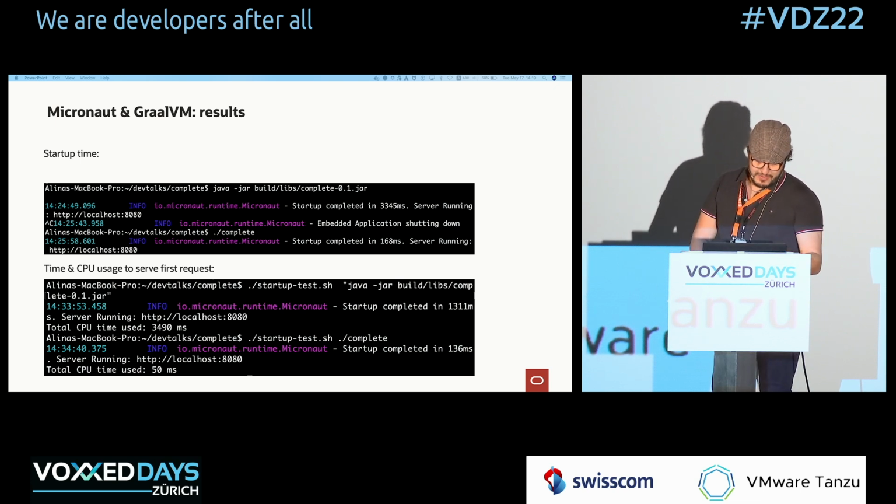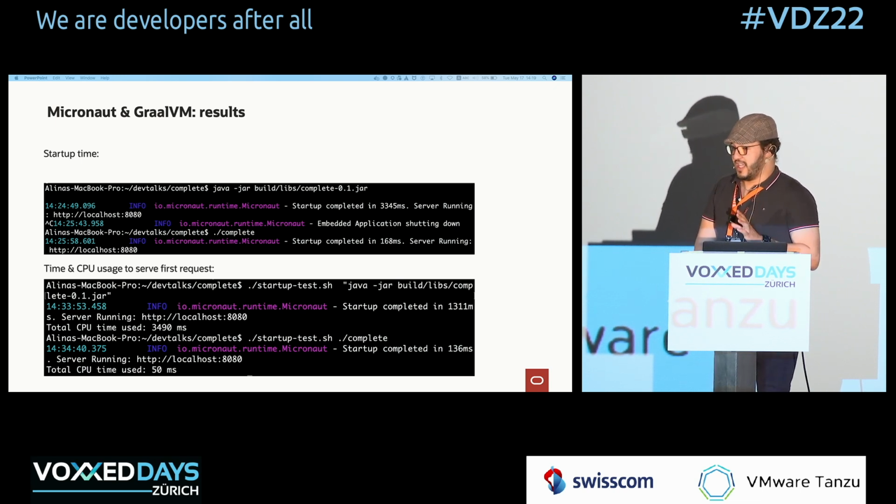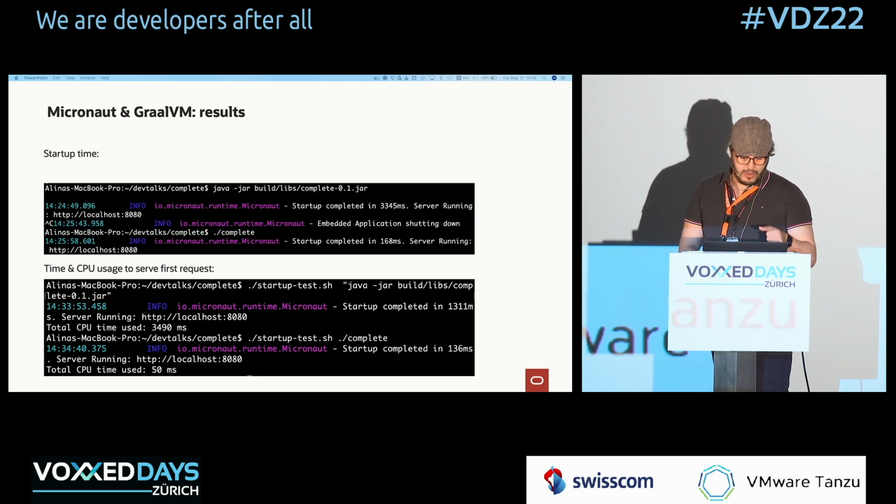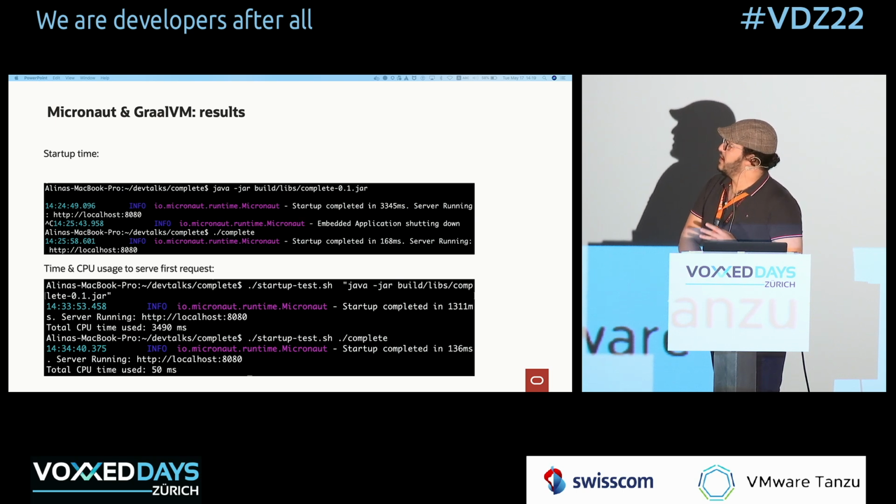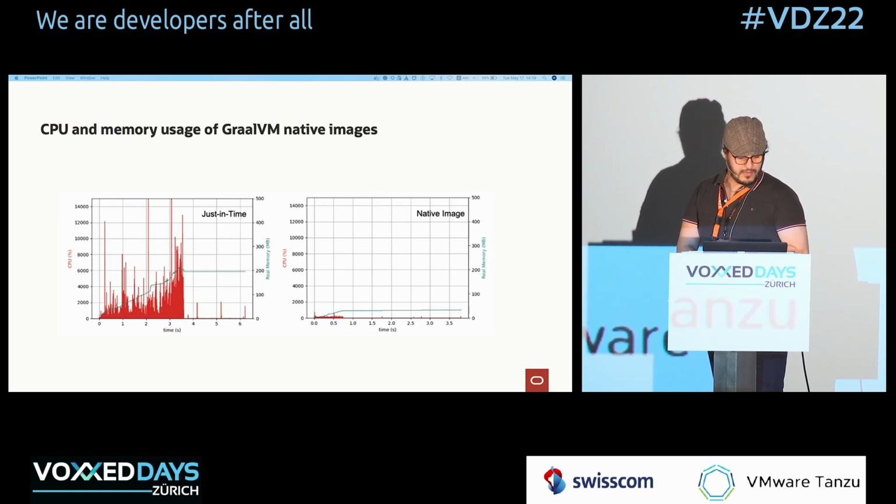So from startup time, you can see an example from a JVM perspective, a small application here. It takes like 3 seconds to start, right? But if you get the equivalent native image, it will be in hundreds or tens of milliseconds for startup, which is very important for some workloads like functions or lambdas.